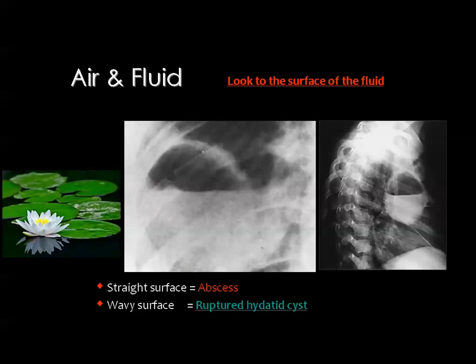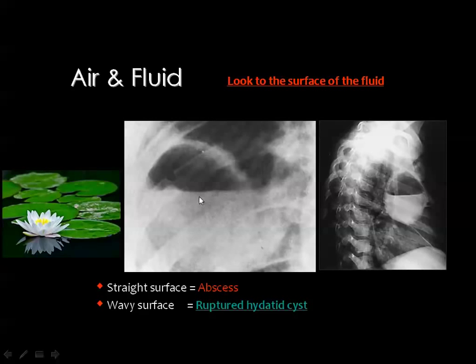Then if you have a cavity with an air fluid level, this is an abscess, provided that the fluid level is straight. If you see a cavity with a straight air fluid level, you think of an abscess.